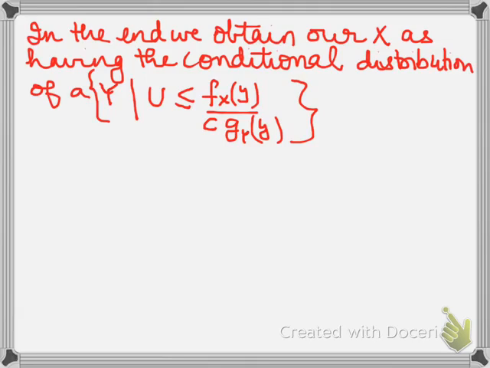So if you do a direct calculation, you can do some calculations and you will get p is equal to 1 over c.